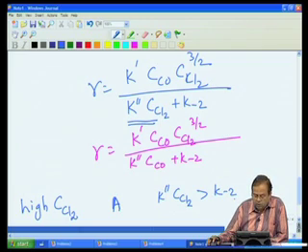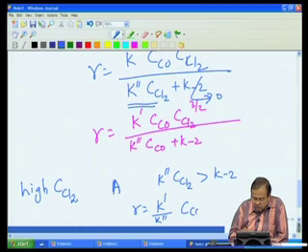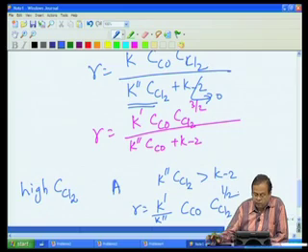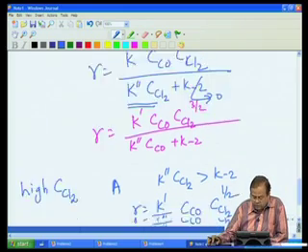So, this is what we mean when we say high concentration. Then what will happen to this mechanism? This second term will go to 0, and we will get R as K prime divided by K double prime CCO CCl2 raised to half, because numerator and denominator will cancel.